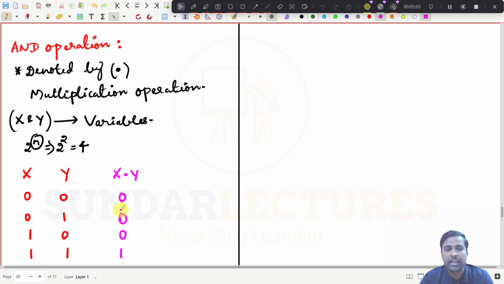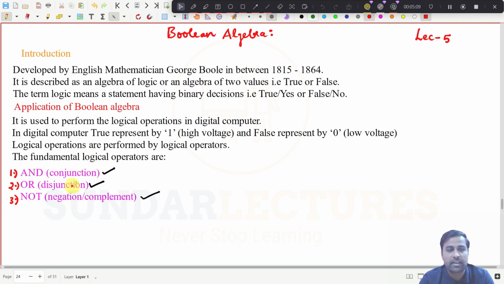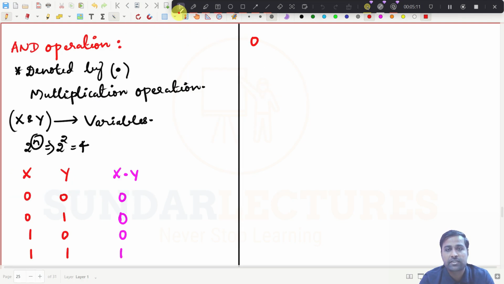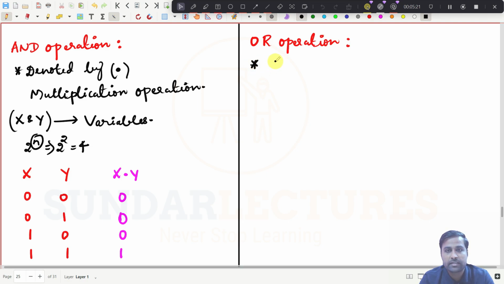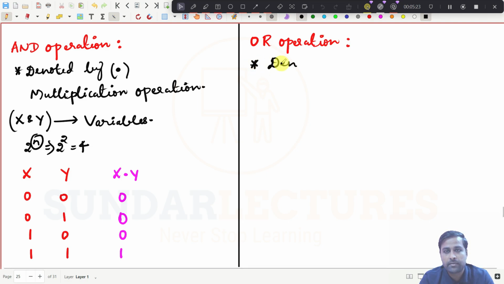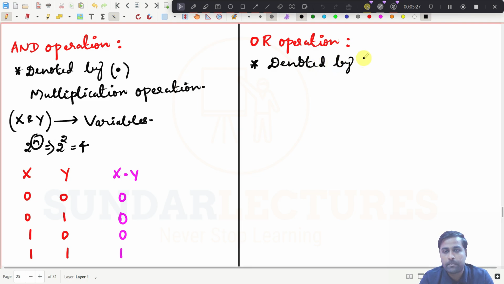Multiplication will be done by this AND operator. And the second one, that is what we have seen, these kinds of operators. And the next one will be the OR operation. So what will the OR operation do? It is generally denoted by the plus symbol, like this, plus.